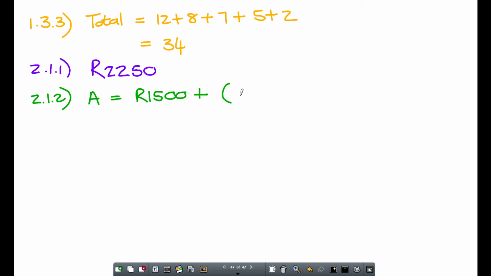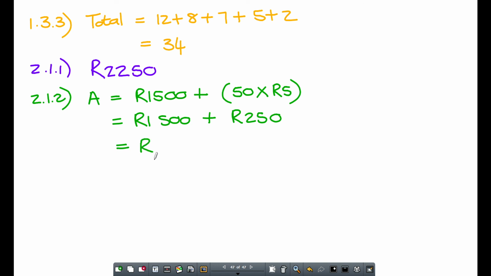So I'm going to say 50 times, en wat is haar koste per pie? R5, nee. Okay, so dit gaan wees 1500 plus R250. In other words, the amount there should be 1,750.